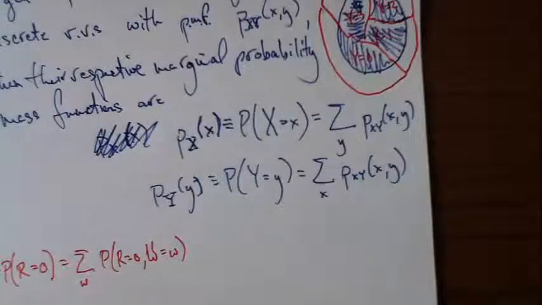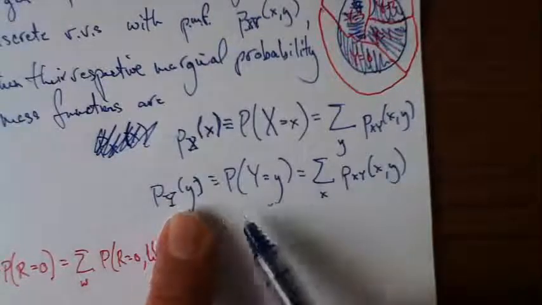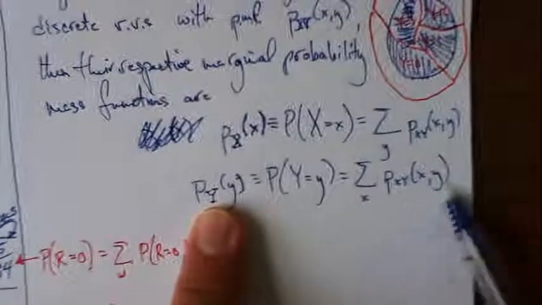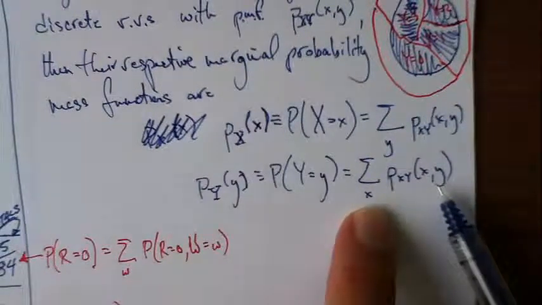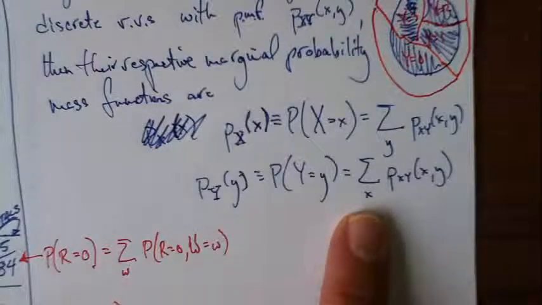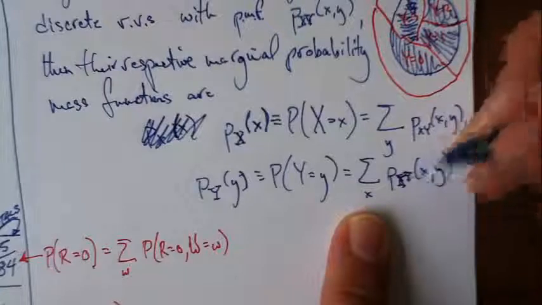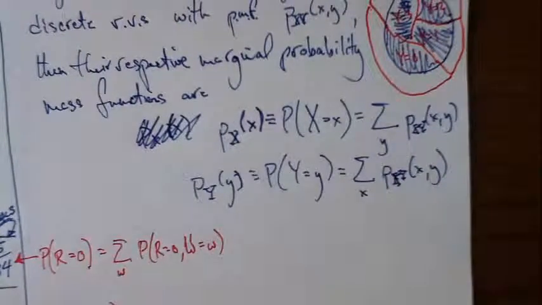And this one right here is a function of little y, so in order to get this to be a function of little y, I have to sum out the x's. Sort of a strange way to say it, but sum out the x's.